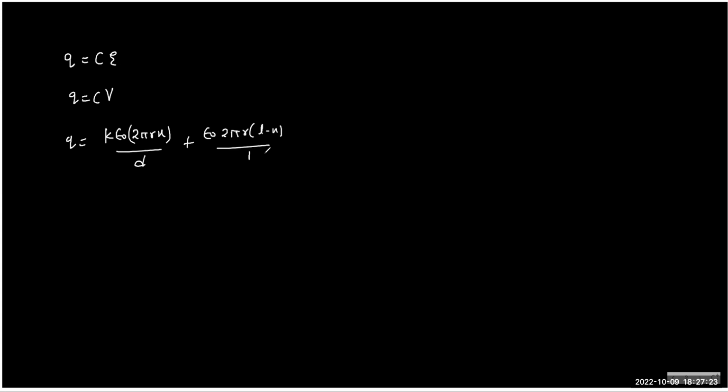We have done this before also. Once you know the capacitance, you can find the charge. The charge on the capacitor will be C times the potential difference. We are given V, so I'll add V. So it is K epsilon naught 2 pi R x by d plus epsilon naught 2 pi (L minus X) by d, whole into V. What can we take common, by the way? 2 pi epsilon naught R by d.